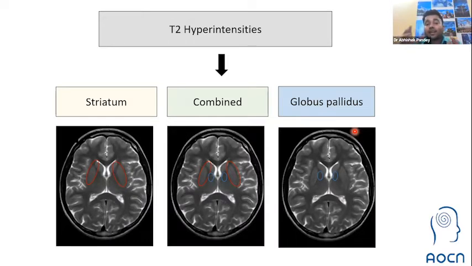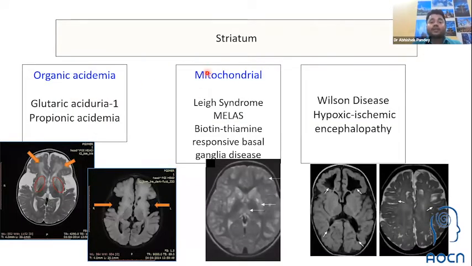T2 hyperintensities we will divide by anatomical site, like striatum involvement, globus pallidus involvement, and combined involvement. So if there is a striatum involvement, then our diagnosis gets narrowed to organic acidemia, mitochondrial disease, and other causes like Wilson's and hypoxic ischemic encephalopathy.